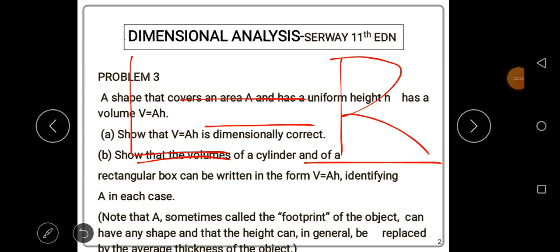If the dimensions for the left hand side are not equal to the dimensions of the right hand side, then the equation is dimensionally incorrect. So let's try to see this problem or this question we've been given.